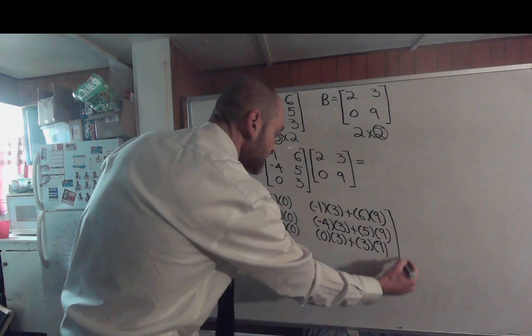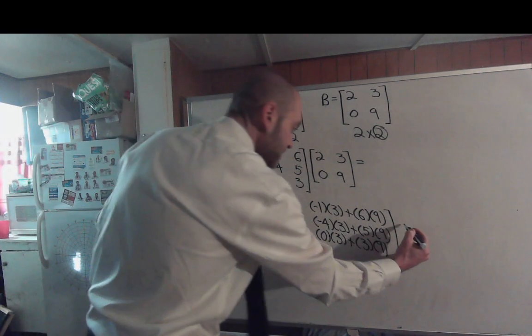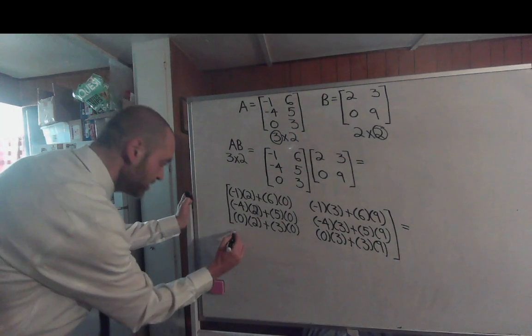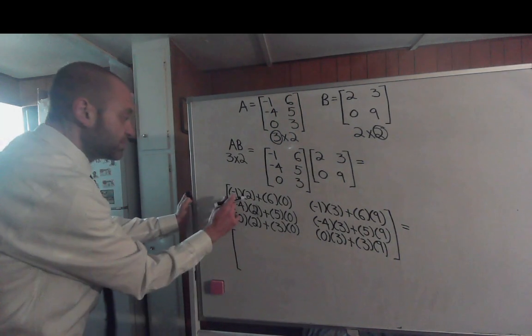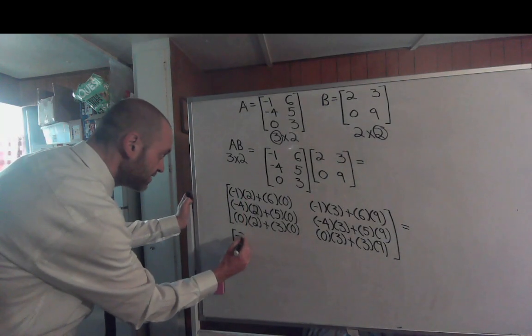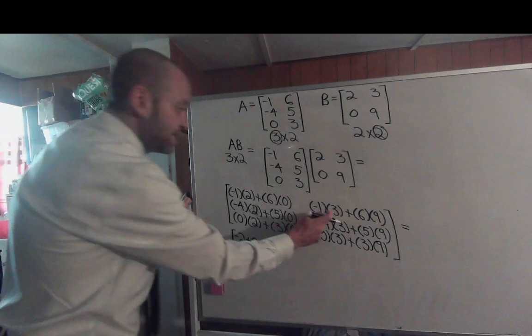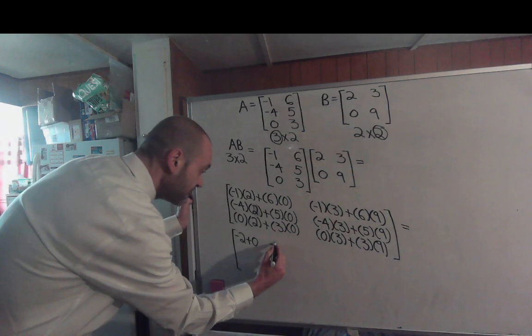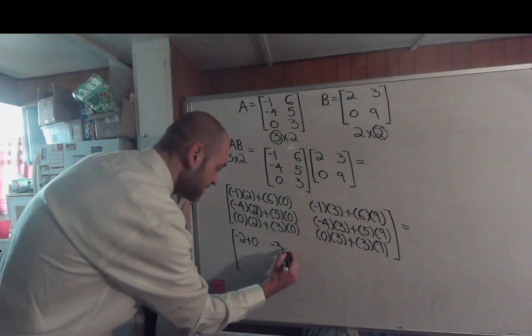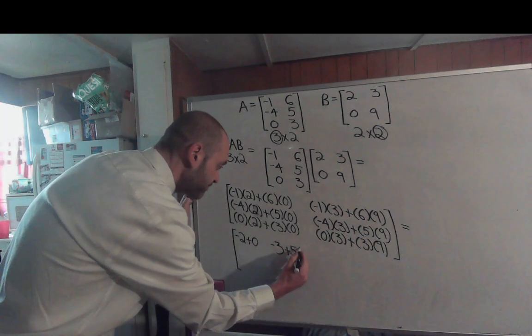And of course now we can definitely simplify this. Let's do all the multiplication. You'll end up with -1 times 2, -2 plus 6 times 0 is 0. Then negative 1 times 3, that's negative 3 plus 6 times 9 is 54.